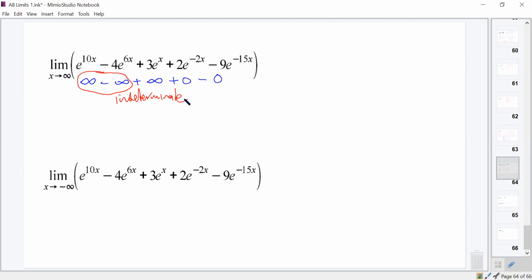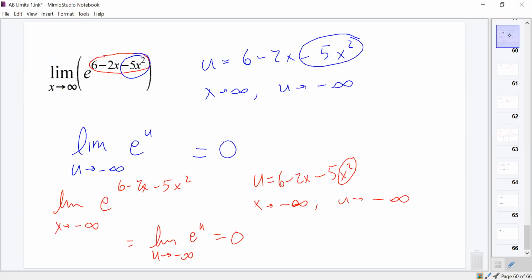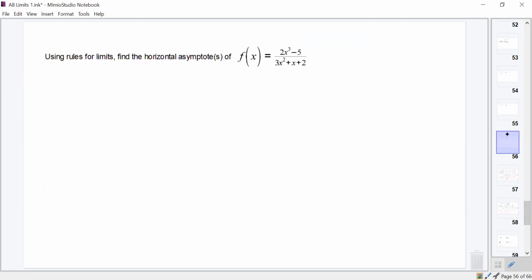And I probably should have talked about this when we were doing these other ones way back when, further back, like when we were doing these rational functions, when we were looking for these limits as x approached infinity. Sorry, I'm going to go back there for just a second. If you just plug in the infinity, you end up with infinity over infinity. True?